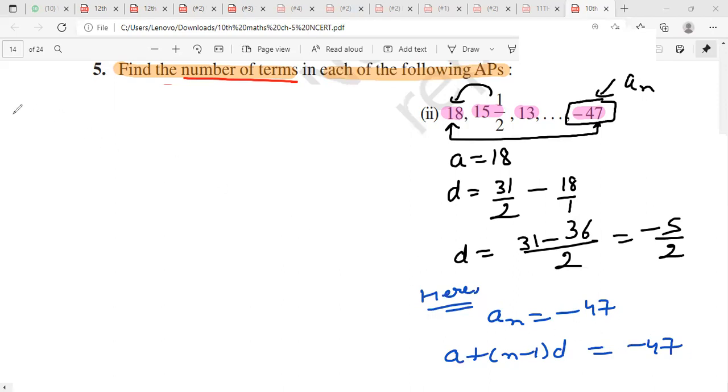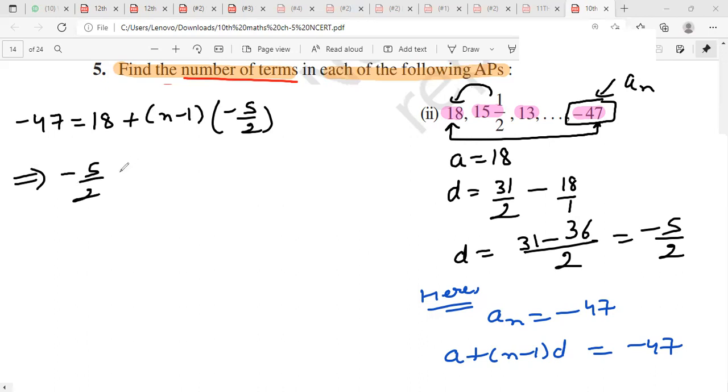Now, minus 47 is equal to A, the value of A is 18, plus N minus 1 into D. The value of D is minus 5 by 2. So you can write it as minus 5 by 2 within bracket N minus 1 equal to minus 47 minus 18. Right? Minus 47 minus 18.